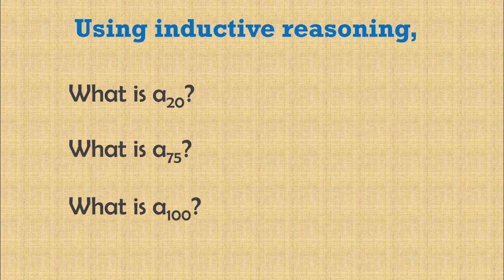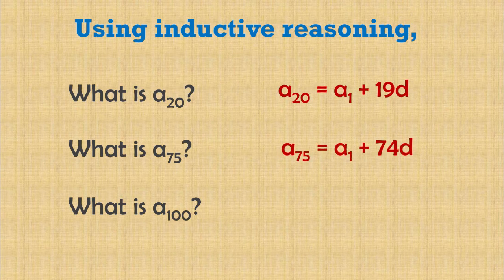So for the answers, a sub 20 is equal to a sub 1 plus 19d. A sub 75 is equal to a sub 1 plus 74d. A sub 100 is equal to a sub 1 plus 99d.